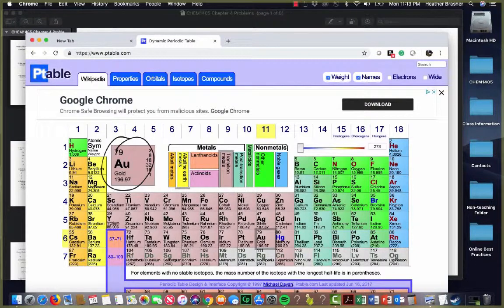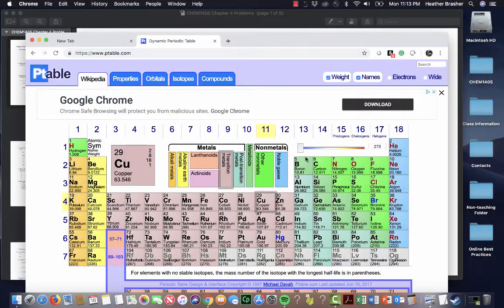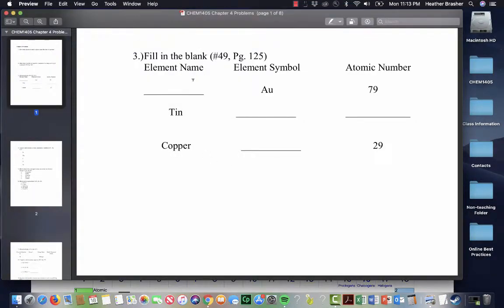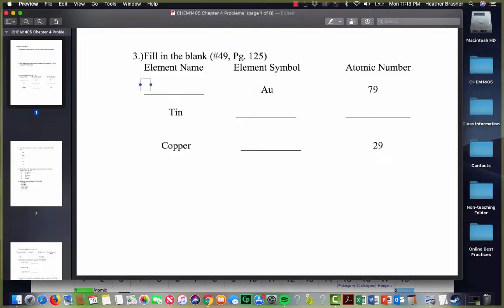And when we're looking at this, you'll notice that one number on the top is the atomic number, and the symbol is the atomic symbol. If you remember, the atomic number is the number of protons, and indirectly, because everything on the periodic table is neutral, it will tell you indirectly the number of electrons. So this is the first one, right?